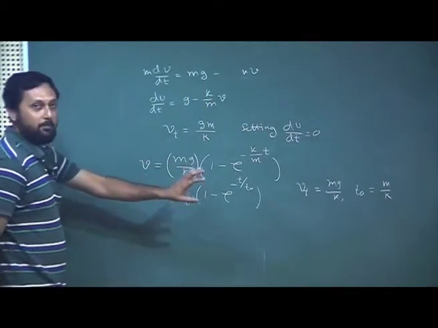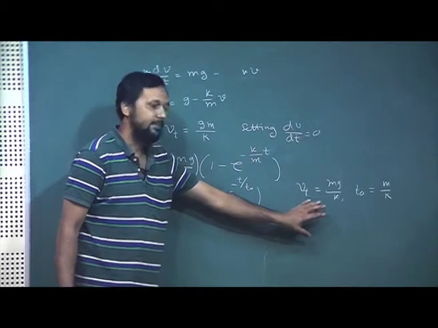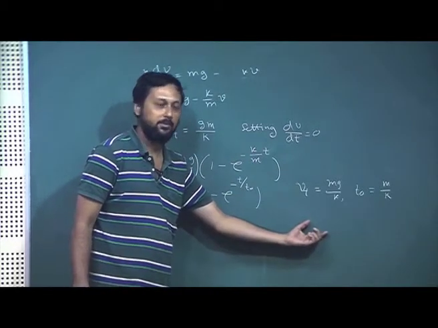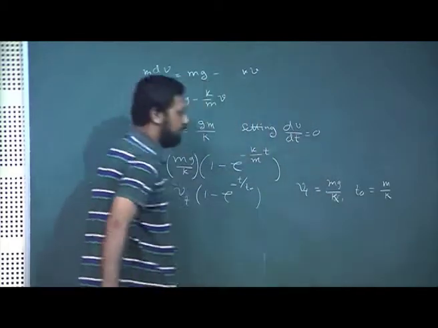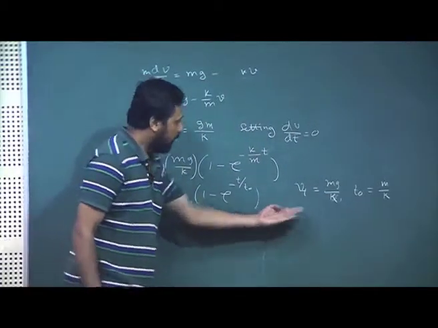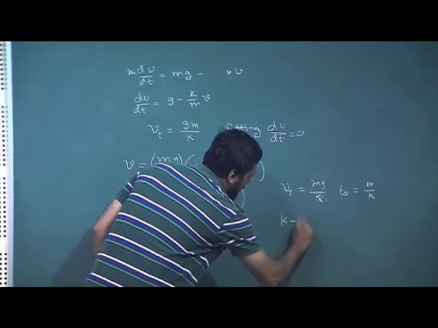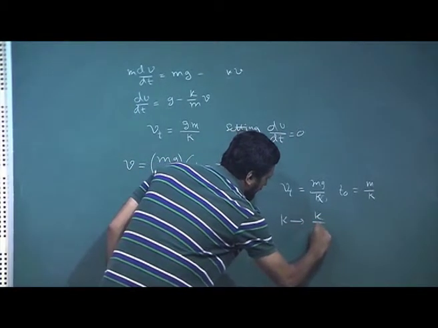So, it is the same result as we got from the previous set of equations, only k is replaced by k/m.